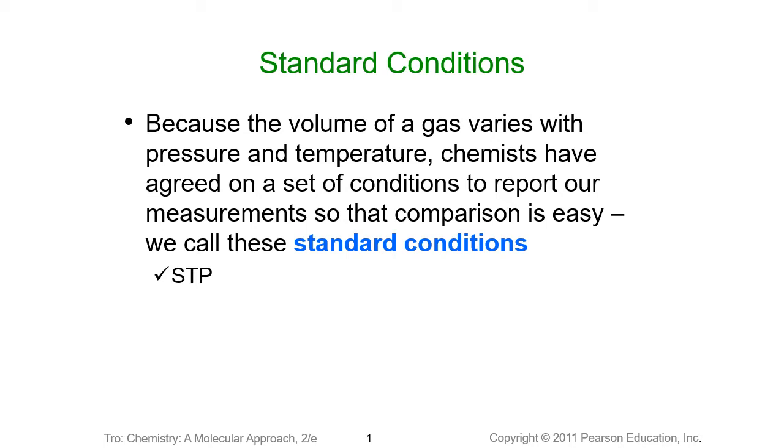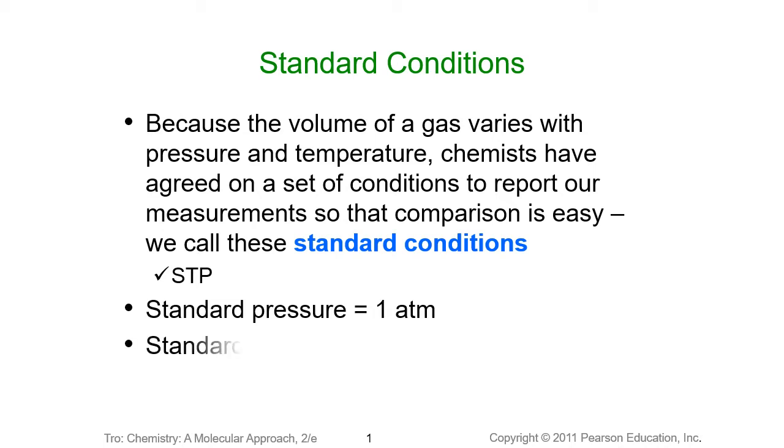So what pressure would you pick for a standard? Well, the pressure we set as a standard is 1 atmosphere. The temperature may be a little bit harder to guess, but it is 273 Kelvin, or 0 degrees Celsius. These are our standard pressure and temperature for reporting gases.